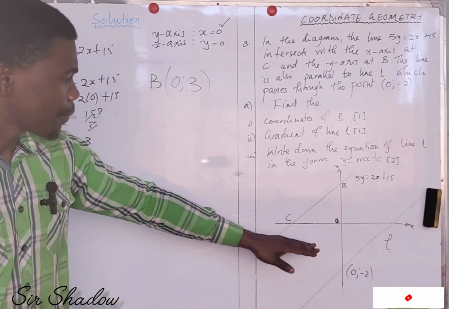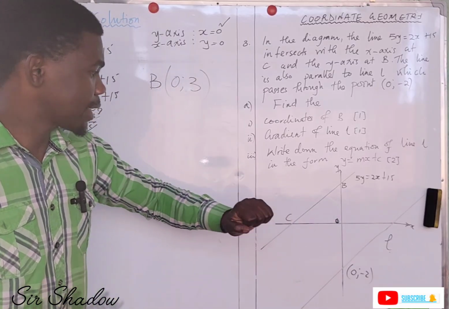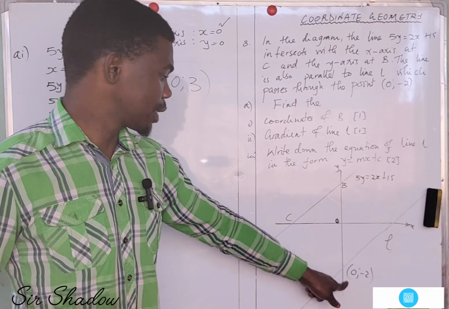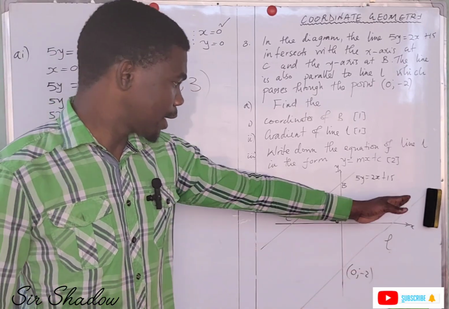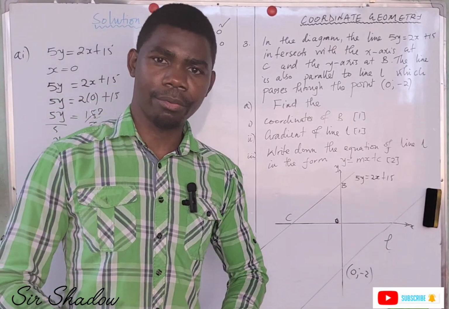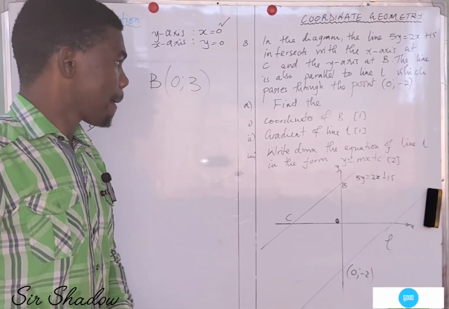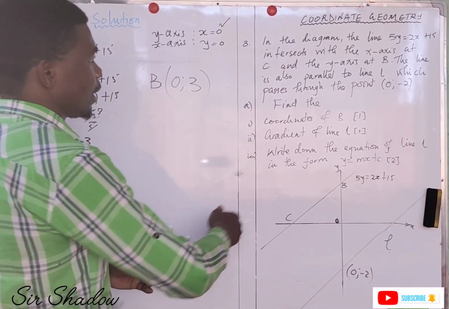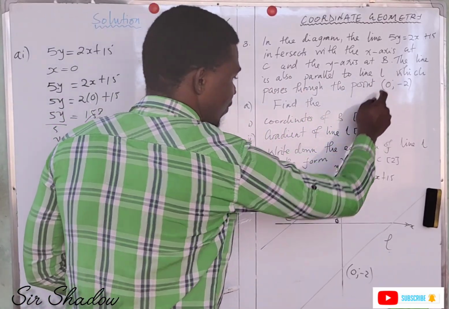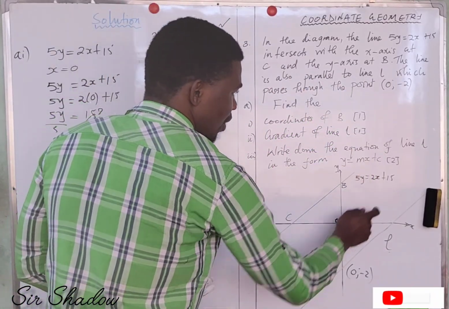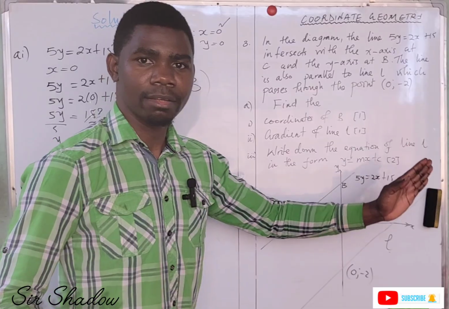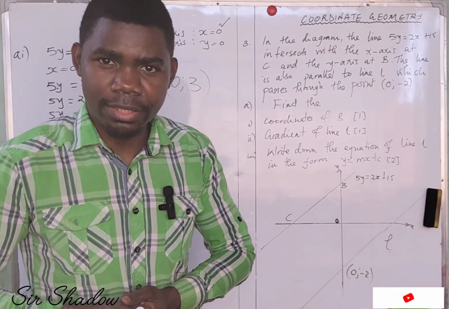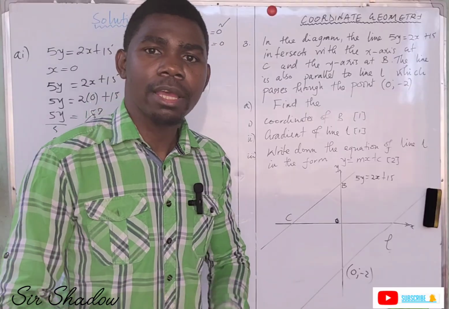All right. So we want to find the gradient of the line L. But we are only given the coordinates, which is (0, -2), and this line, which is line L, and you want to find its gradient. But remember, this line 5y equals x plus 15 is also parallel to line L. Just note that parallel lines have the same gradient.